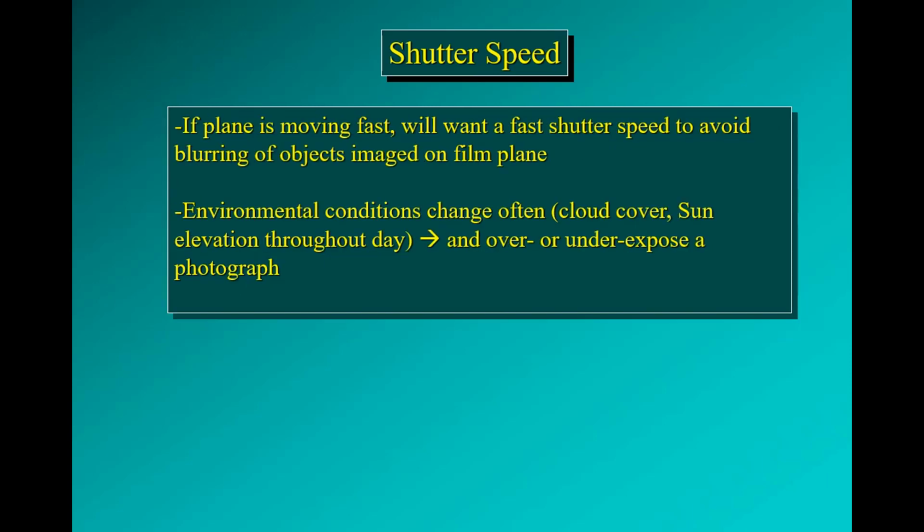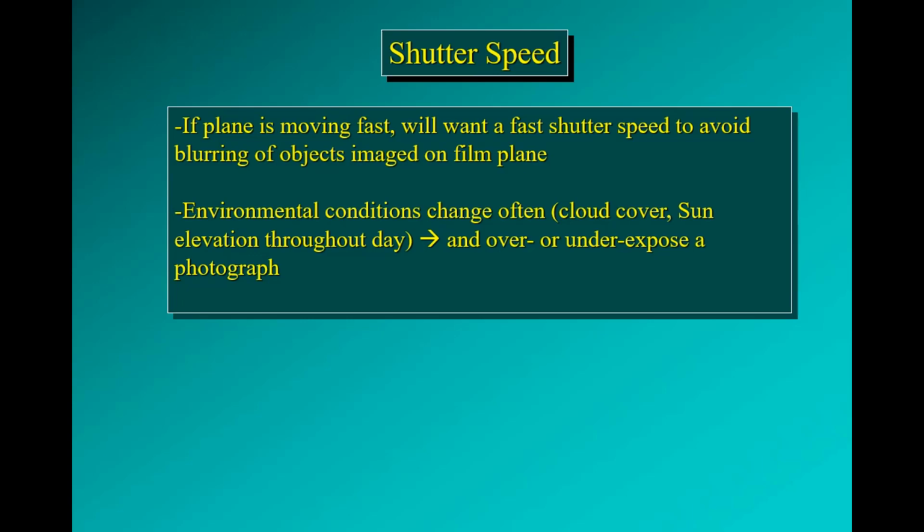And if we have an aerial platform, like a plane that is moving very fast, we would typically want to use a fast shutter speed in order to effectively stop action and prevent the blurring of objects that are being imaged on the film plane. Also, if we have environmental conditions that are changing often, let's say due to cloud cover, that can affect the nature of the illumination also within our imaged area.